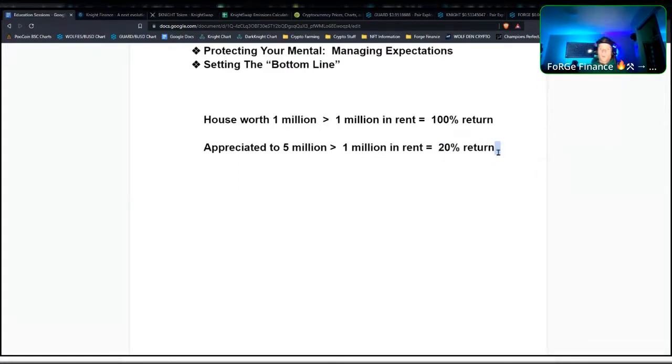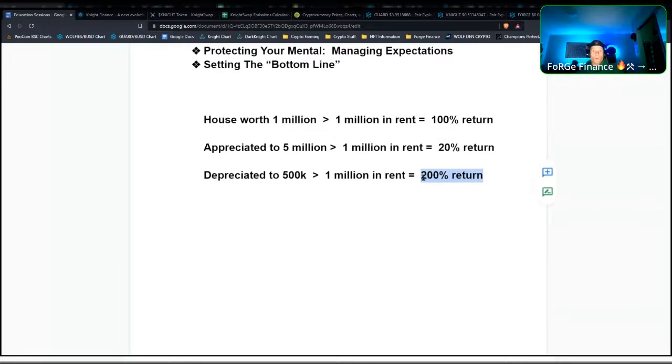Okay, let's do it the other way. If you had a house worth $1 million and it depreciated to 500K and you made $1 million in rent, you made a 200% return. Now here's where it gets funny, because people in crypto see these high APRs and APYs and they're like, oh, look, I can go get a 200% return on my money.